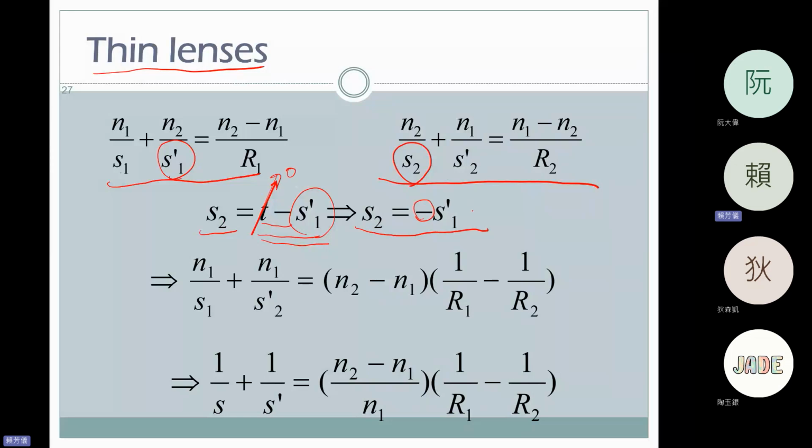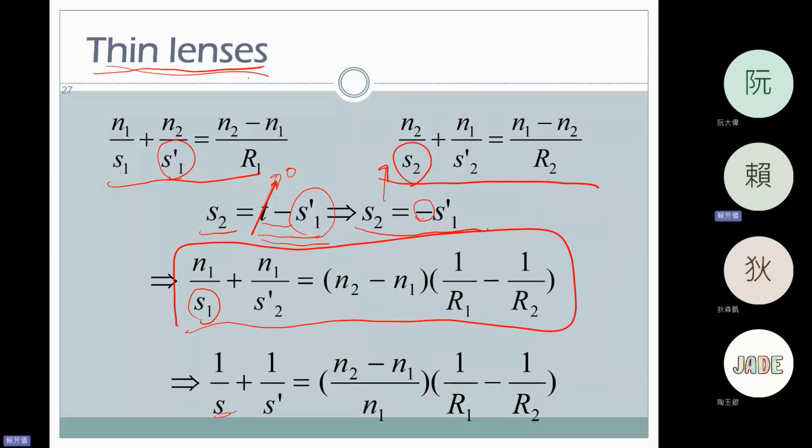So using this equation to replace the upper one, we can finally get this equation. Okay, and S1 is the object distance for the whole thin lens system, and S2 prime is the final image for the thin lens. Okay, so we can rewrite the equation to this one.